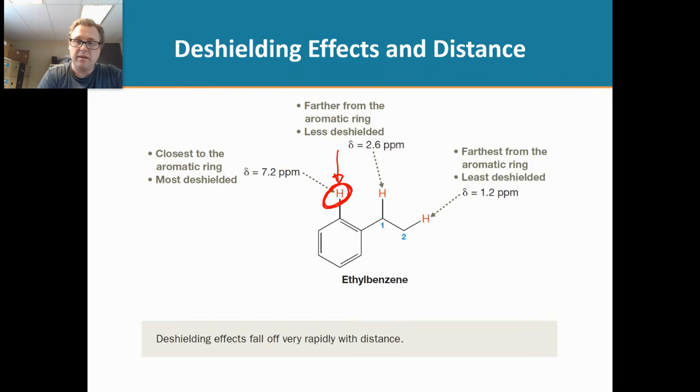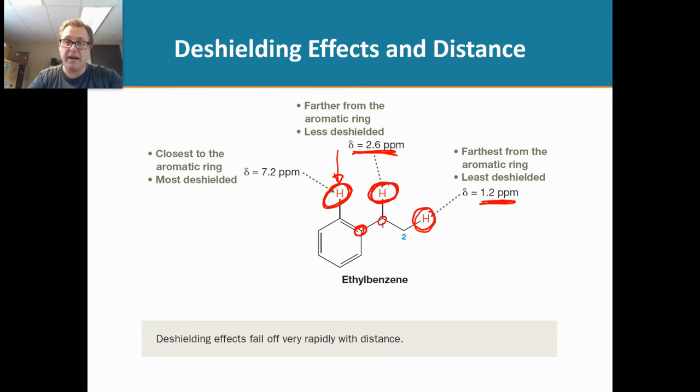But that carbon is attached directly to a benzene ring, so the magnetic anisotropy still has an effect on that hydrogen. But if you pay attention to the chemical shifts, it has a lesser effect as you get further and further away from the benzene ring, which is influencing the shielding effect that we're seeing.